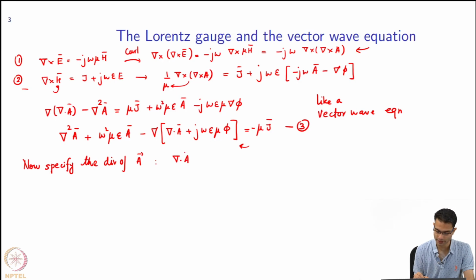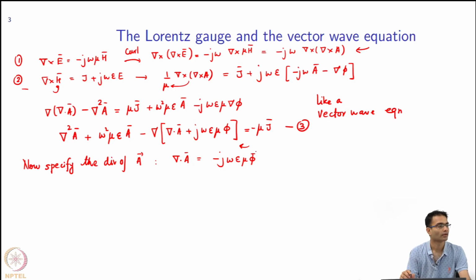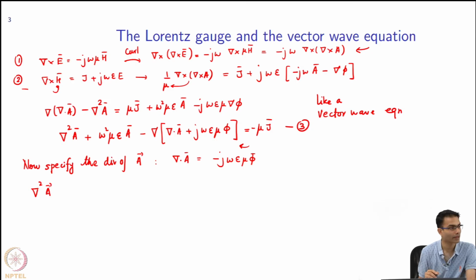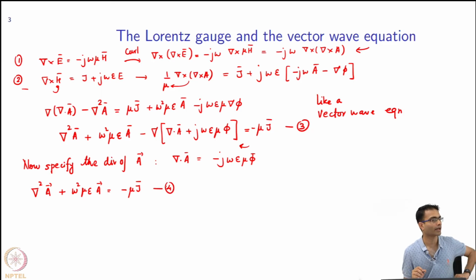So, supposing I specify this, this degree of freedom was there in my hand, right. So, then what happens to equation 3? I get del squared A, okay, plus omega squared mu epsilon A is equal to minus mu j, equation 4, right. I get an equation which I can solve. This is a vector wave equation, I know how to solve this.